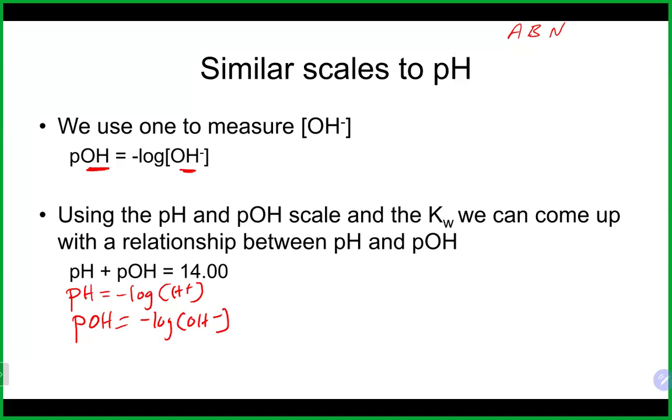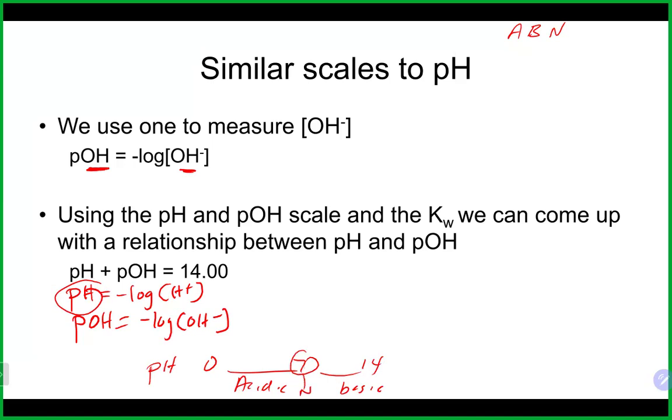What I would highly recommend is to always look at the pH value, because that is the scale, as we just talked about, that pretty much everybody has in their head: less than 7 is acidic, above 7 is basic, and obviously 7 is neutral. The reason I say that is the pOH runs opposite.